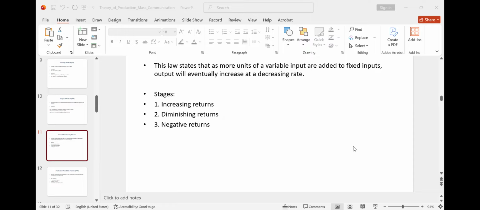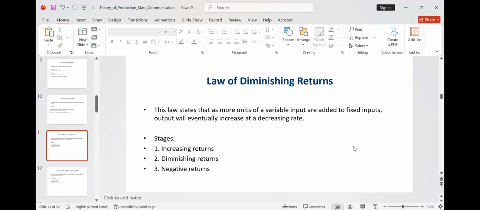All right. Let me continue for now, pending when that will happen. The next slide is talking about the law of diminishing returns. This law states that as more units of a variable input are added to a fixed input, output will eventually increase at a decreasing rate.